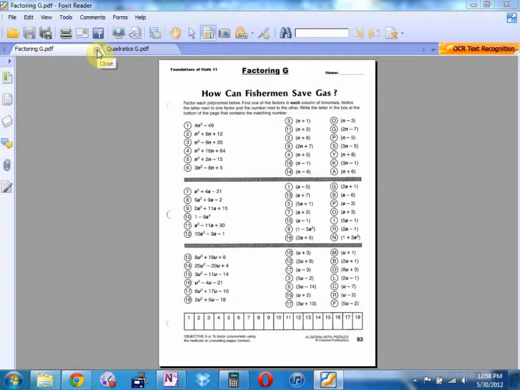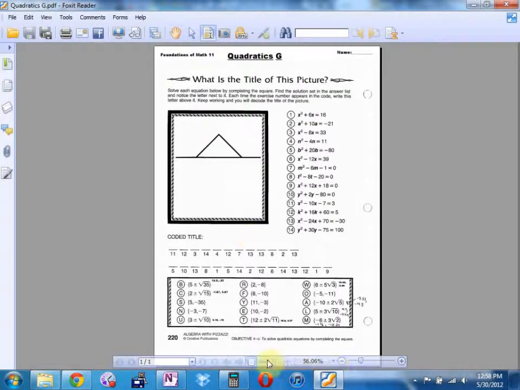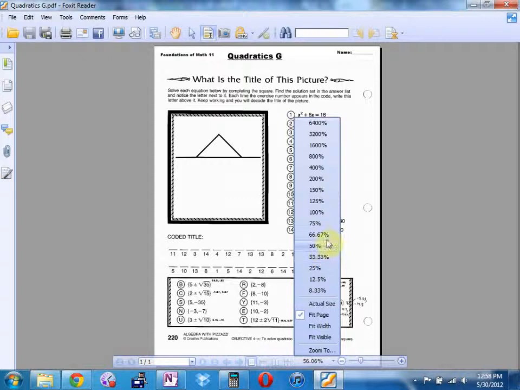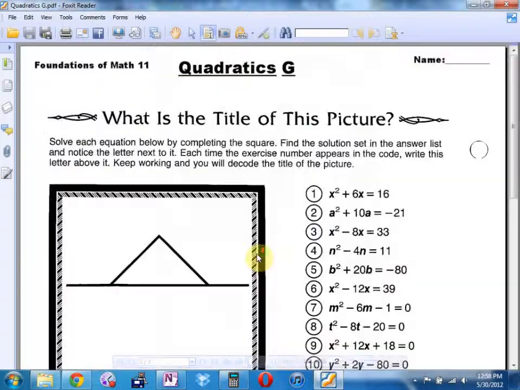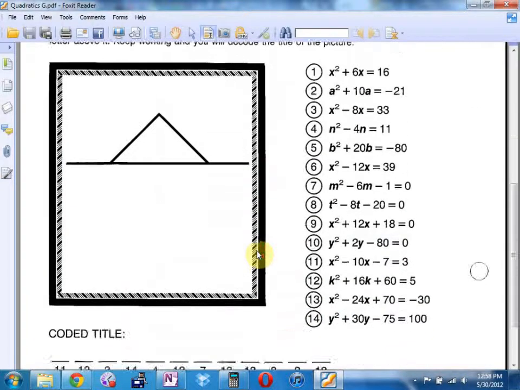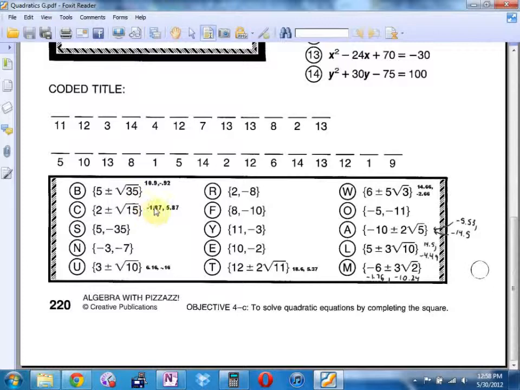First of all, what I've done is they left some of the answers as what are called exact values. If you look really closely, though, I either typed or hand wrote on top of this. So if you get 6.16 and negative 0.16, that's that one. If you get 18.6 and 5.37, that should be that one.